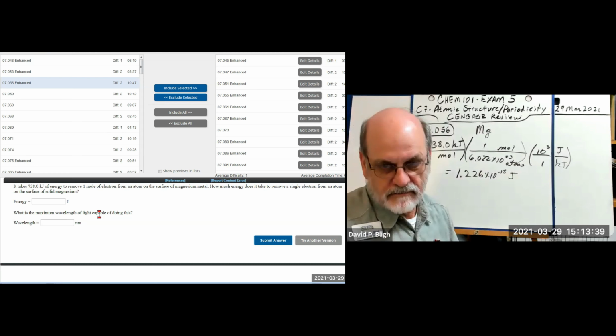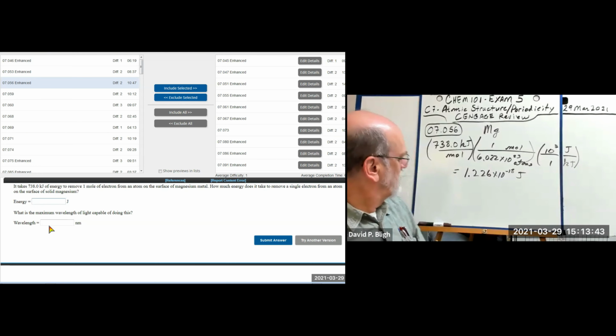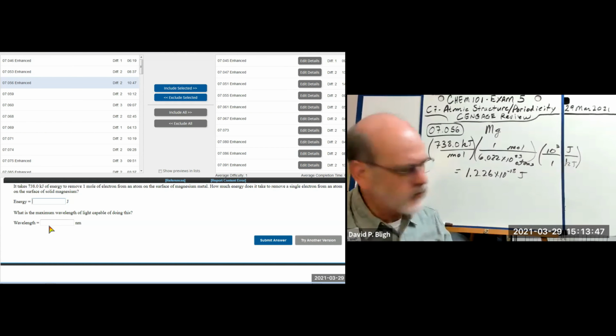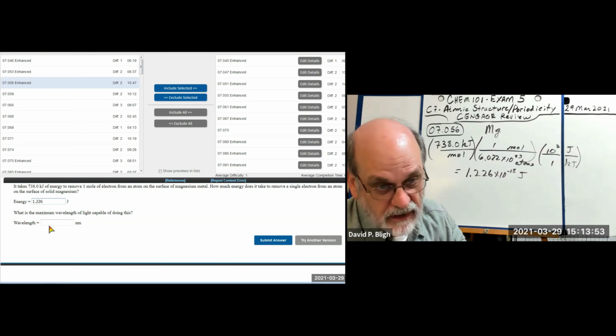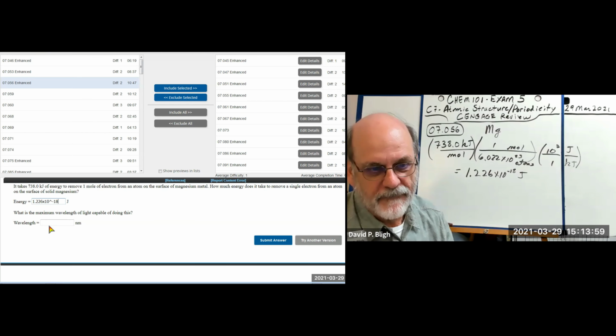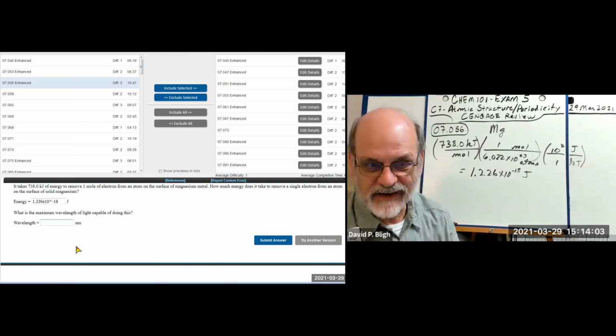And that's per atom. Let's see. Yeah, 4 significant figures. 1.226, and then our exponent should be like that, and negative 18. Okay, now we want to convert that into wavelength.